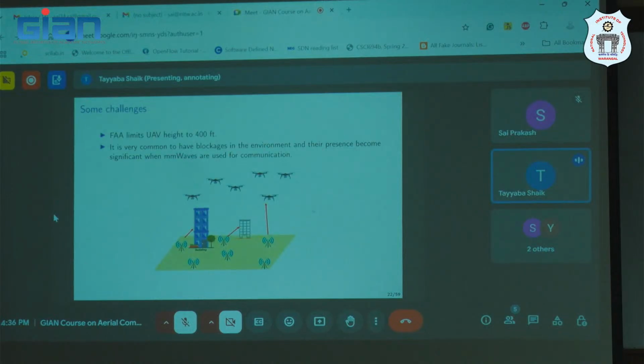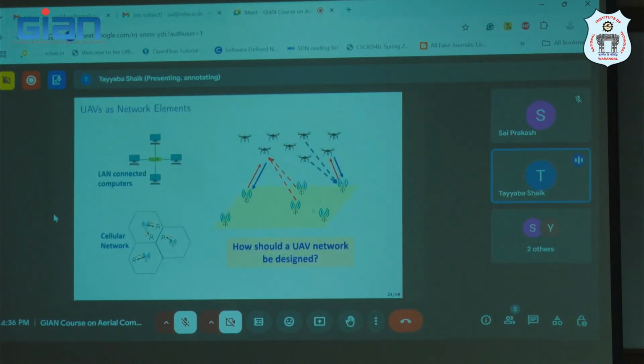So given this, we'll start with the motivation for the work that we have done. If we look at the existing architecture, suppose LAN connected computers or the cellular network, we all know what protocols these are designed with. For example, in a cellular network, there are handoff mechanisms when the user moves from one cell to another cell.